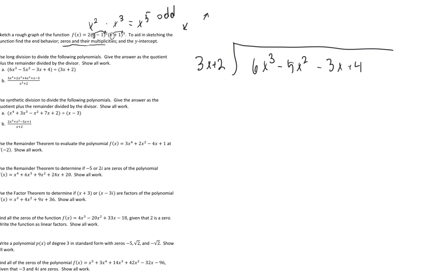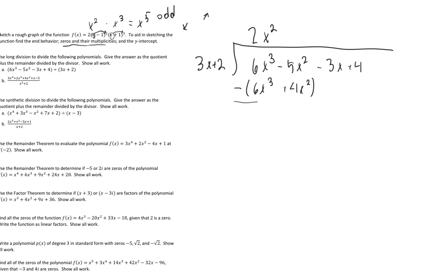So the question is, what do I multiply 3x by to get 6x cubed? And the answer is 2x squared. So I'm going to take that 2x squared and multiply both of these by it. So 6x cubed plus 4x squared. And I'm going to subtract them.